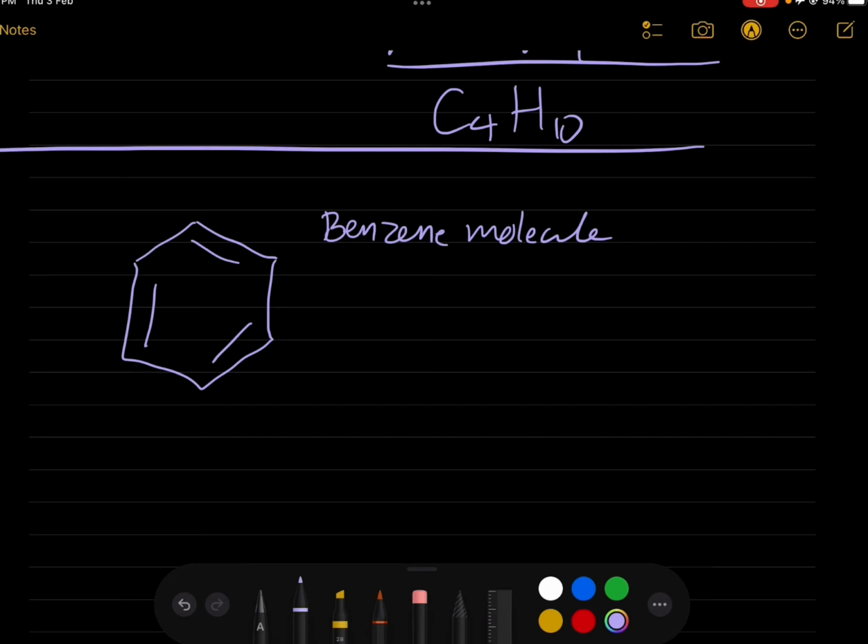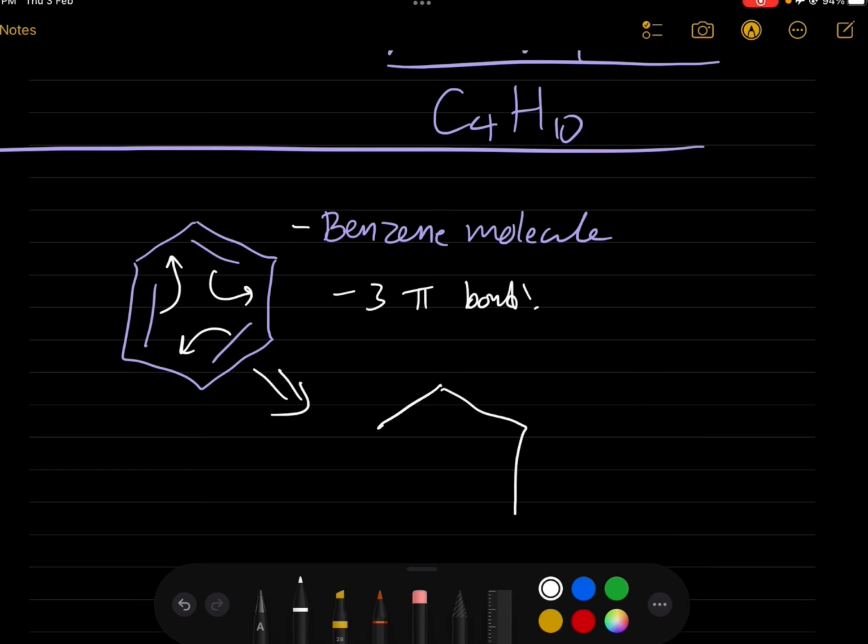And how many hydrogens and how many double bonds do we have here? First of all, this benzene contains 3 pi bonds. Put this in your mind. These pi bonds can rotate inside this ring like this. And that's why we can represent this molecule in this form, which is the skeletal structure, and it looks like this.